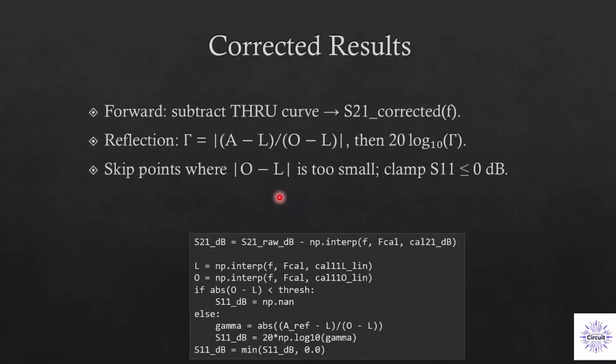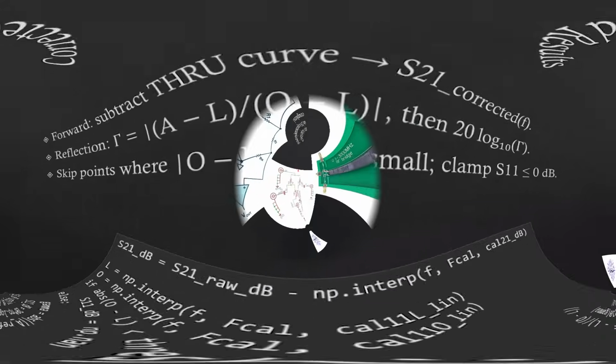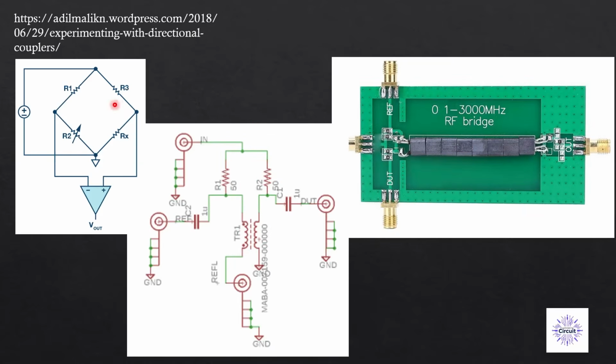Okay, so I just wanted to talk about this, and now let's go and look at the RF bridge. I just want to very briefly talk about the RF bridge and then run the code one more time. As I mentioned, we can create a resistive bridge to make reflection measurements and create our S11 measurement based on that.